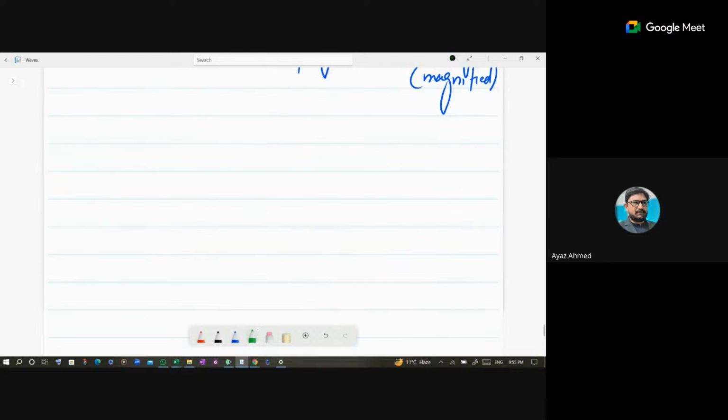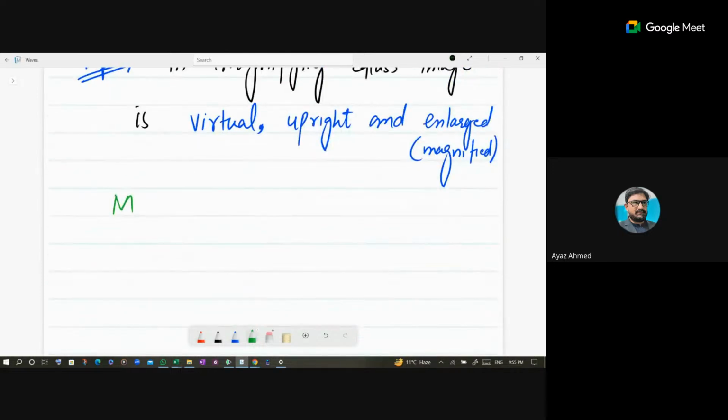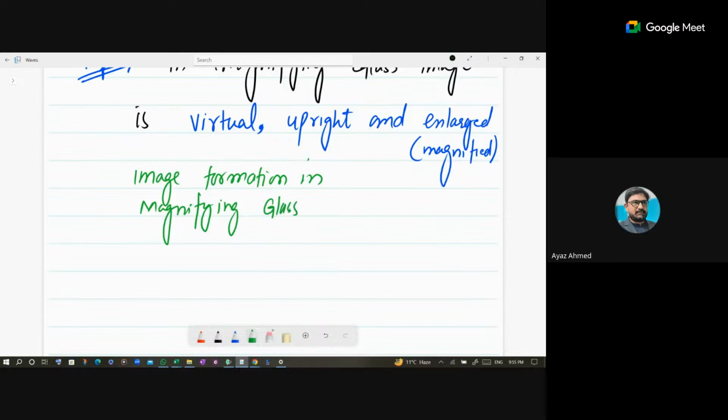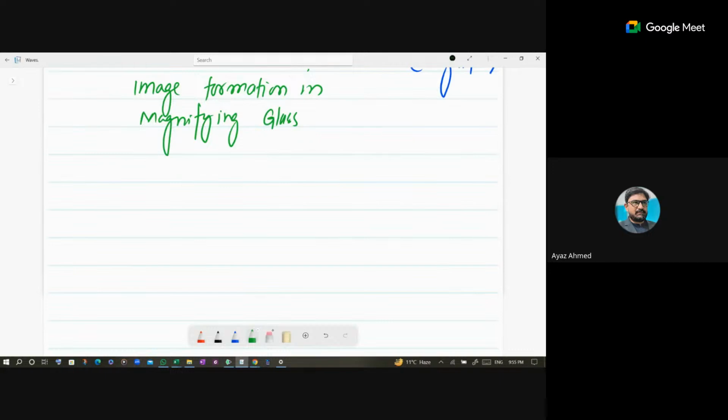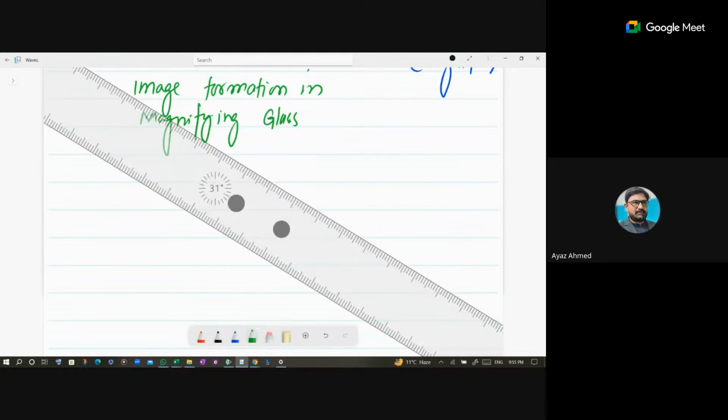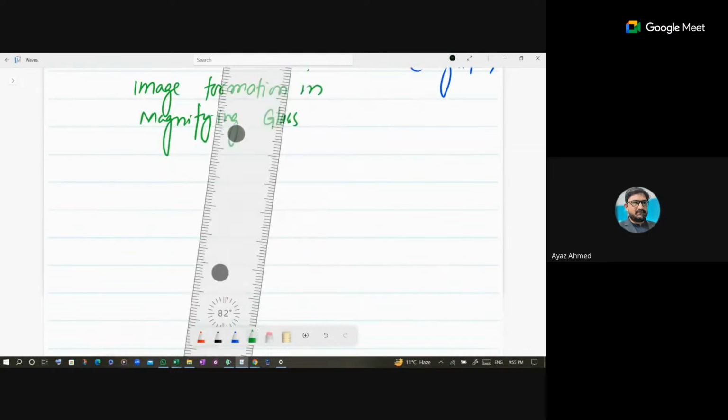Okay, now let's talk about the magnifying glass, how to draw the image in a magnifying glass. Image formation in a magnifying glass. So let's have a magnifying glass. As I told you, it is a converging lens. Remember this thing, this is never a diverging lens.